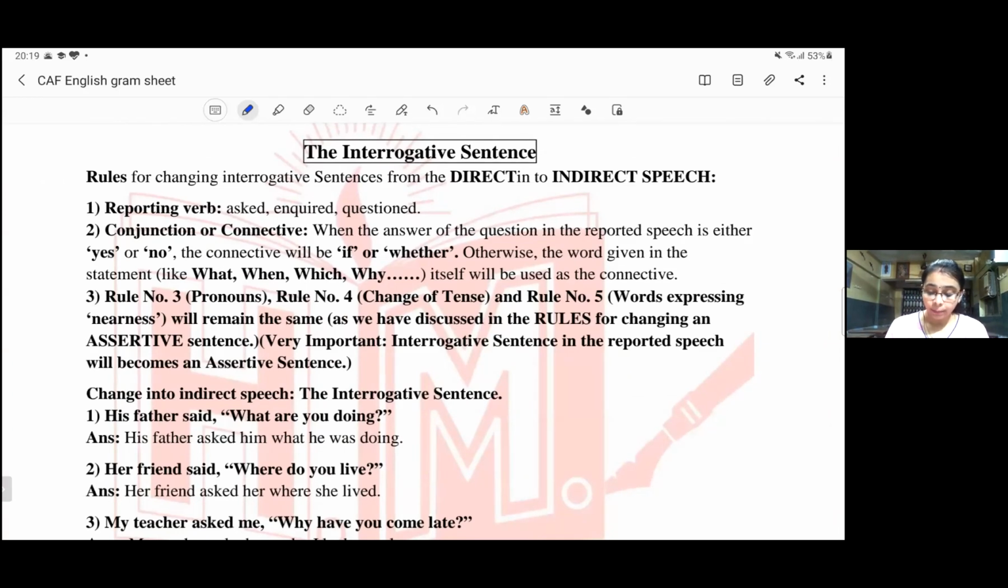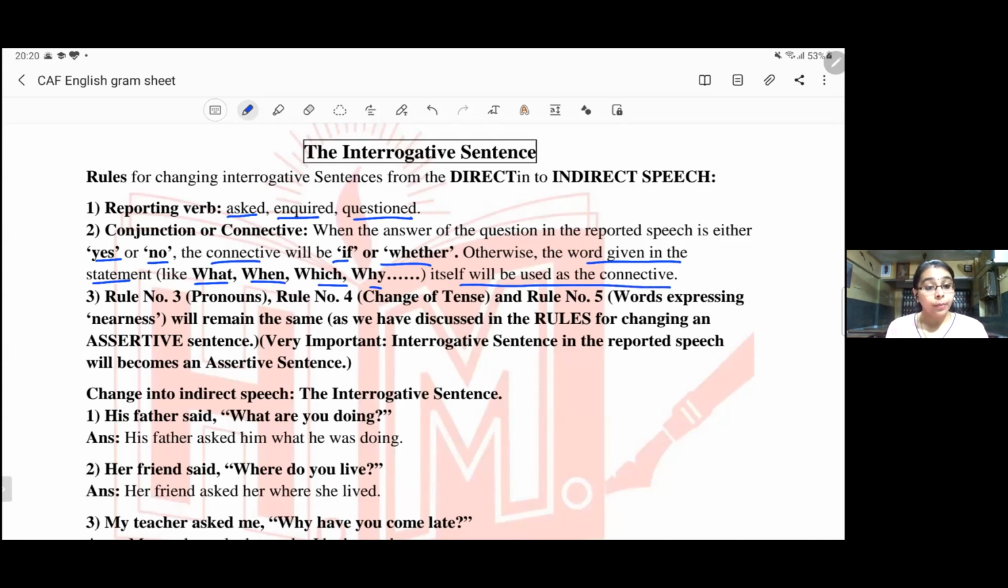Now there is a reporting verb: asked, inquired, question. कंजंक्शन और कनेक्टिव यहाँ पे क्या आएंगे? Yes, no. The connective will be if or whether. Otherwise, the word given in the statement, like what, when, which, why, itself will be used as connective.